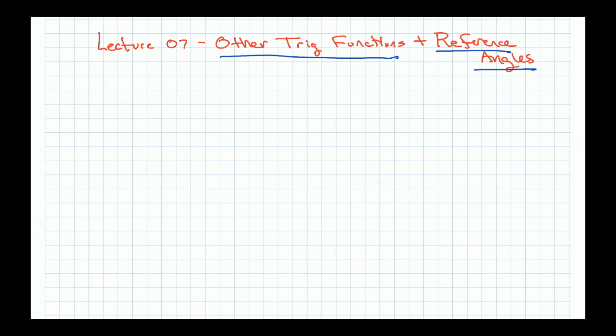So just as a reminder of the previous lecture, here's what you should know. What is a reference angle?